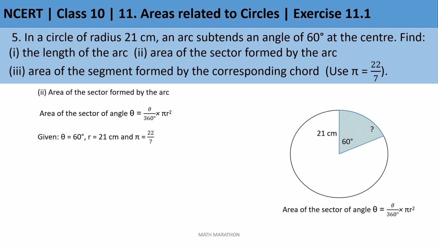Theta is 60 degree. Radius r is 21 centimeter. And pi is 22 by 7. Area of sector is equal to theta, which is 60, divided by 360 multiplied by pi, which is 22 by 7, r square, which is 21 square.